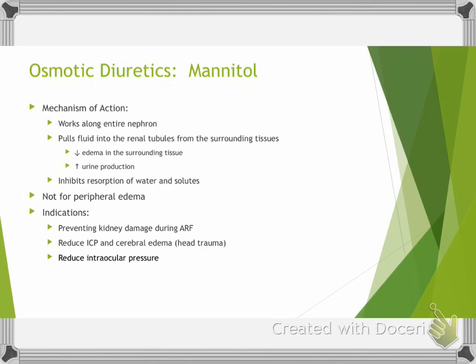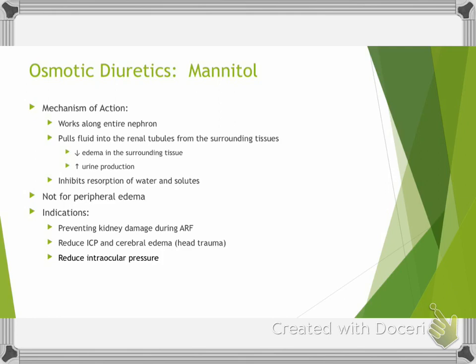So osmotic diuretics. Mannitol is a sugar alcohol that's found in fruits and vegetables, just FYI. Mechanism of action: it works along the entire nephron. It pulls fluid into the renal tubules from the surrounding tissues. So it pulls fluid from the brain and the eyes to decrease swelling.